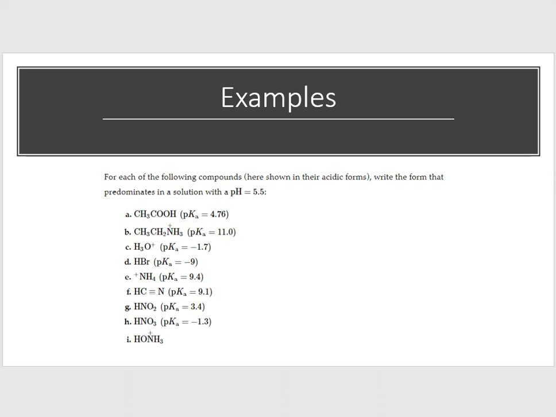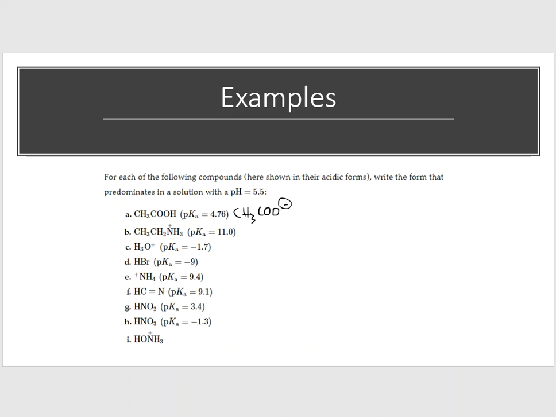So for part A, here's my molecule, and the molecule says I'm keeping it until you go above a 4.76. Well, this pH is above a 4.76. So that means that this molecule will behave as an acid, and that solution will rip the hydrogen away. So this is the form that predominates at 5.5.